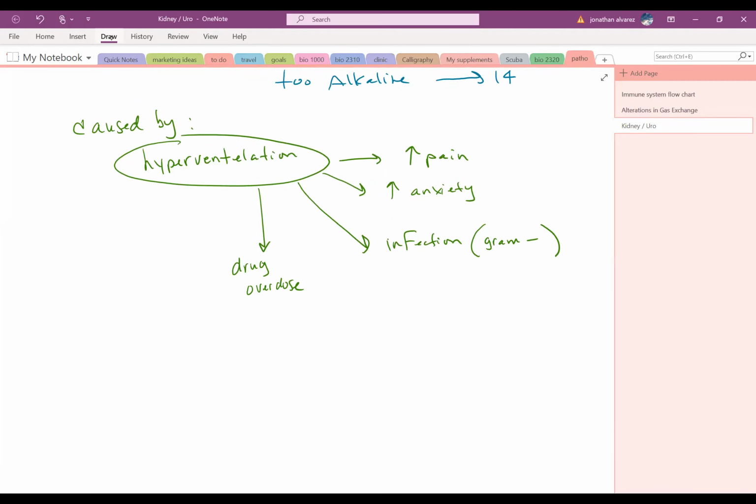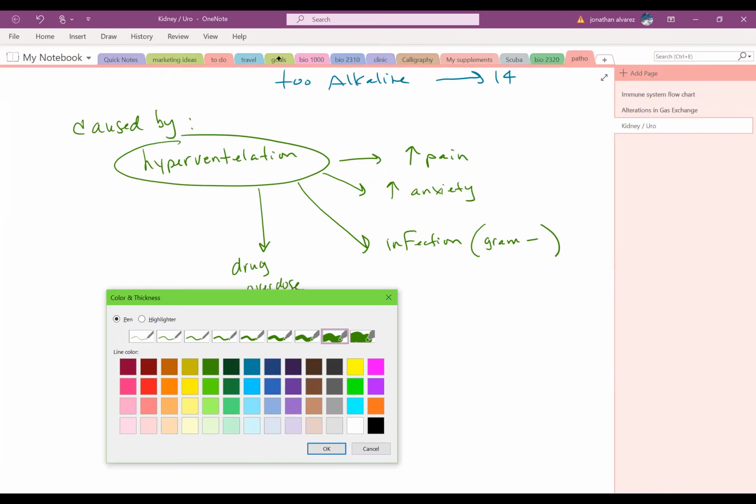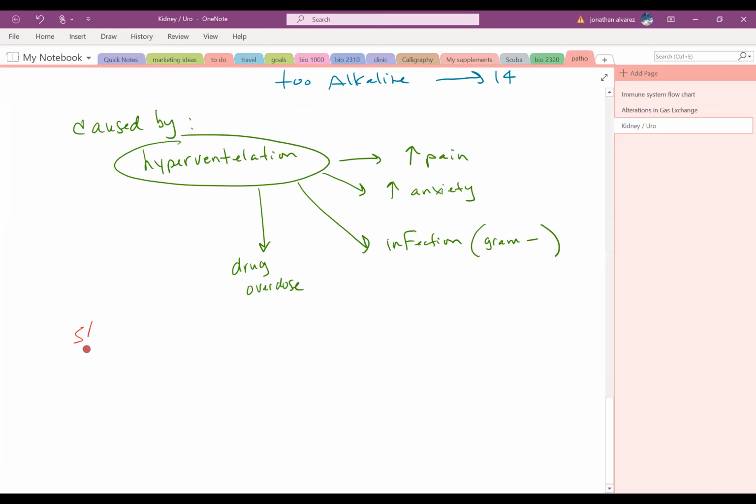All right, signs and symptoms. Hypoxemia, numbness and tingling, and usually body pain.